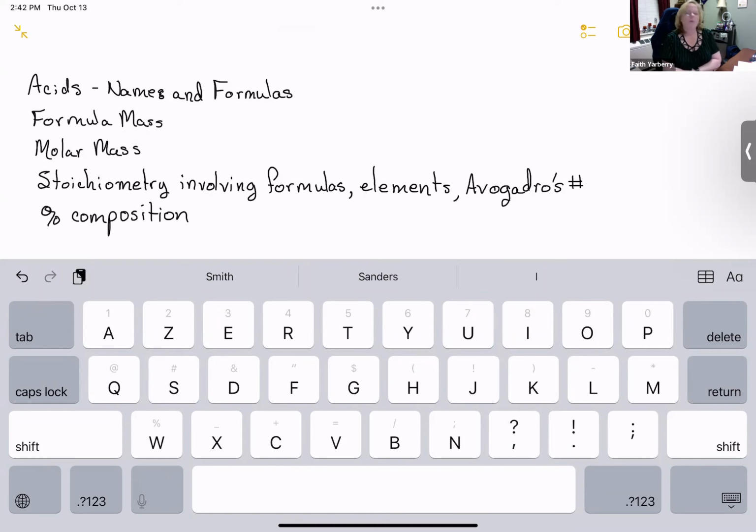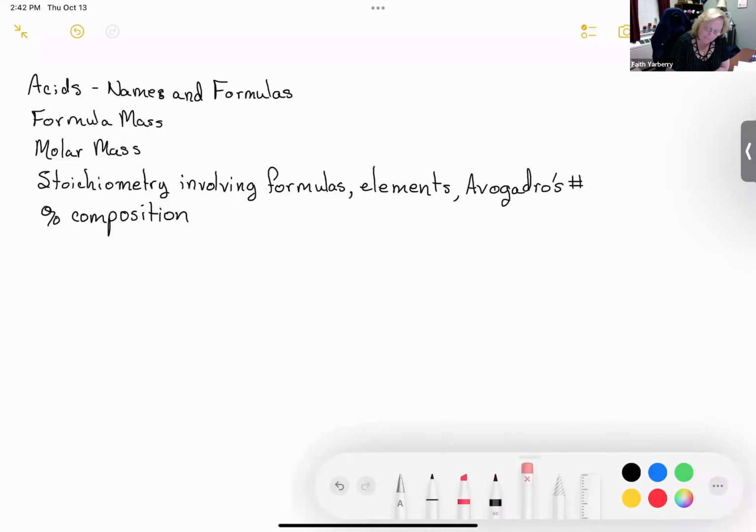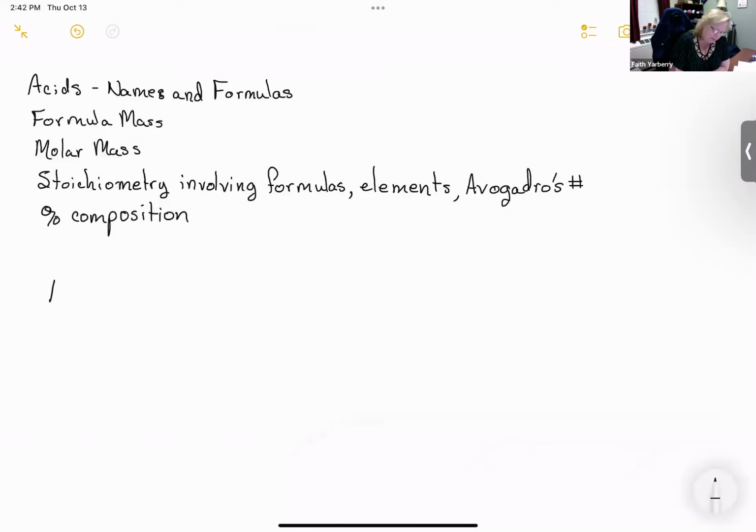So what we're going to do today is I'm going to start with the information and let's get going. So let's start with acids, as soon as I get my marker to work. Before we actually get into an acid, we need to know what an acid is.